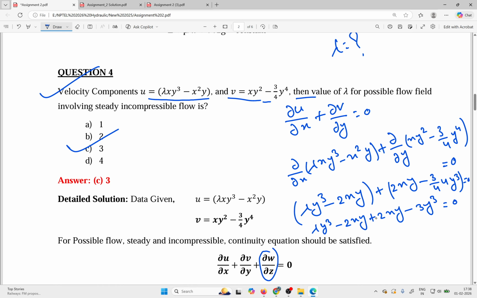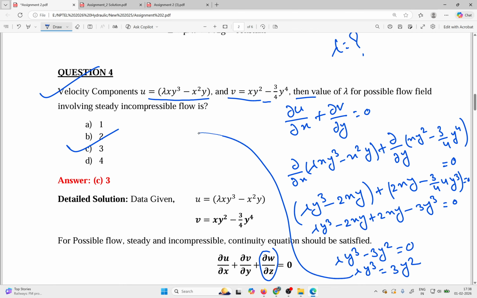These two combine to be 0, and your final will be lambda y cube minus 3y cube.